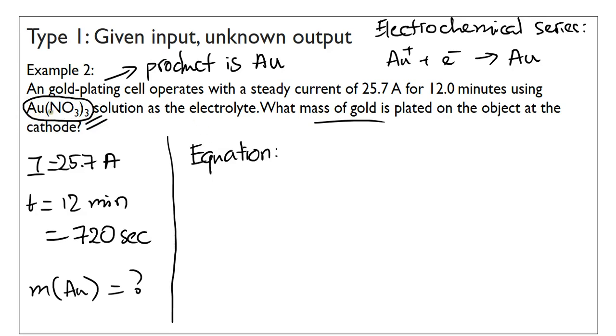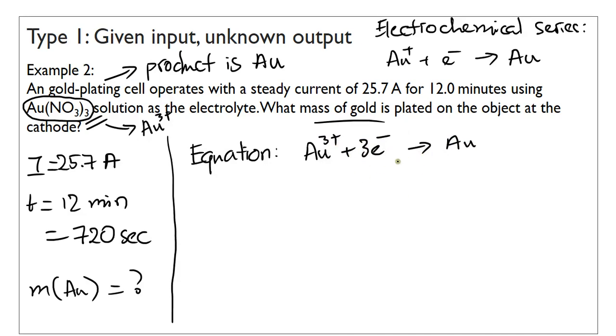So if you look at this AuNO3, I expect you to know the charge of nitrate, which is 1 minus. So if you need 3 nitrate to neutralize the ionic compound, the charge of the gold ion in this case will be Au3+. So the equation is Au3+ going to Au, which means that I need 3 electrons to balance the charge.